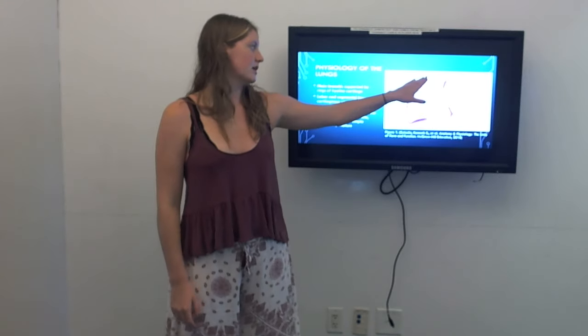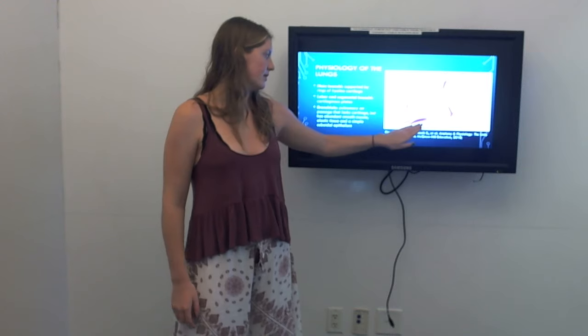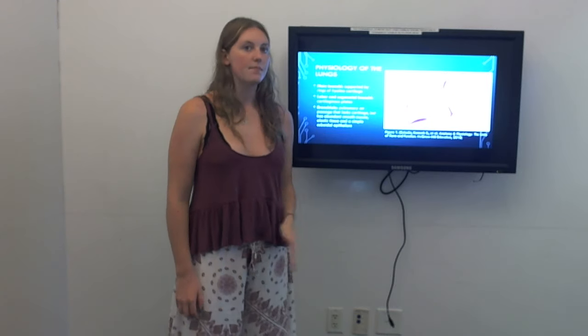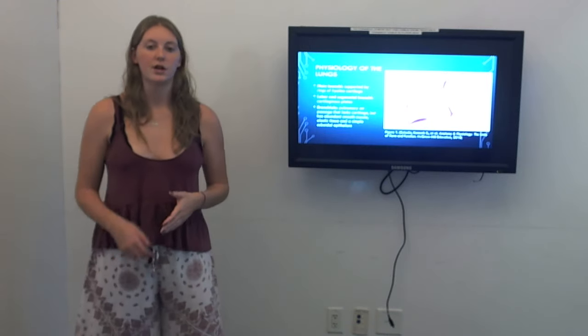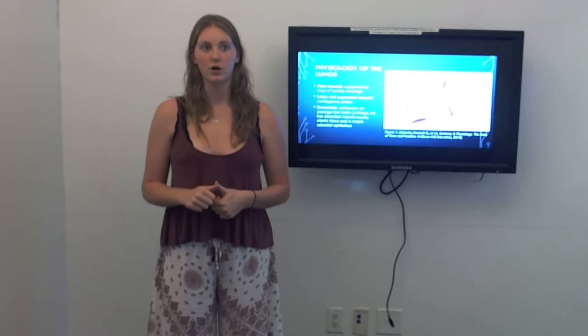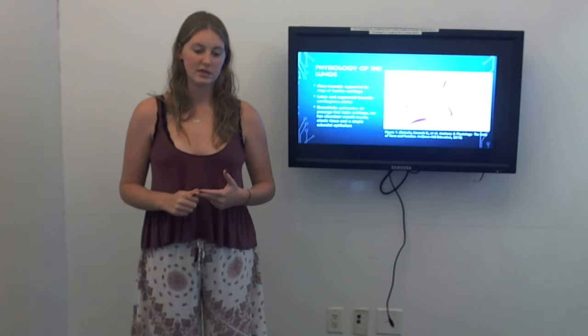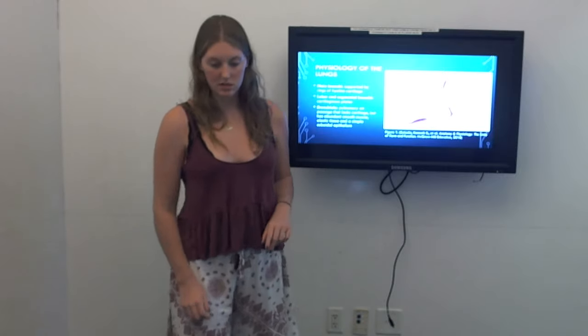The apex of the lung is seen up here, as well as the base of the lung here. Other things that are important are the respiratory bronchioles, the alveolar ducts, and the alveolar sacs that you can't see in this image right here.